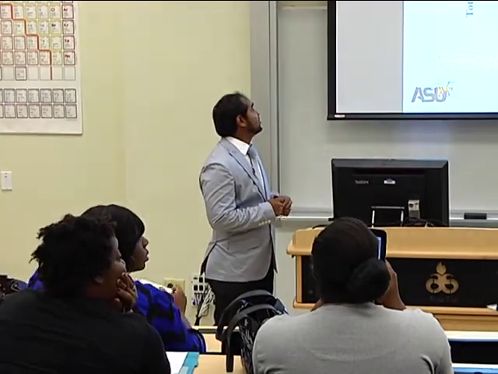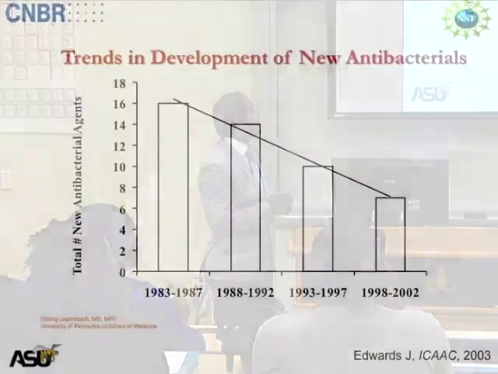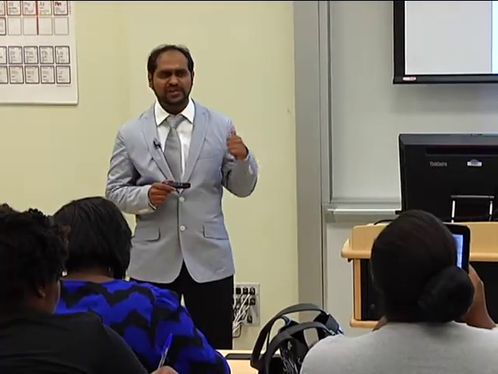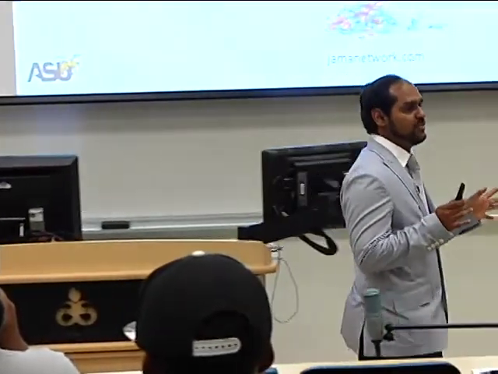As far as the trends in the development of new antimicrobials, from 1983 it has gradually reduced, and the main reason for that is the development of antibiotic resistance. This is a very common problem nowadays in treating bacterial infections. The reason is, number one, the excessive use of antibiotics.